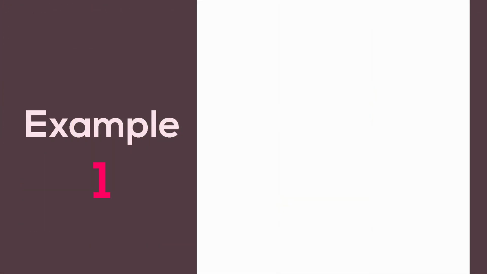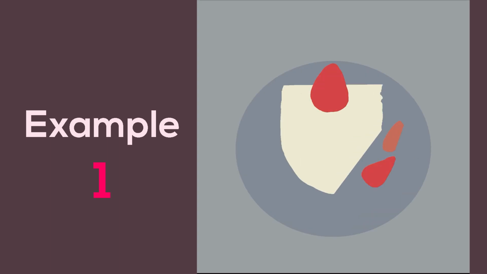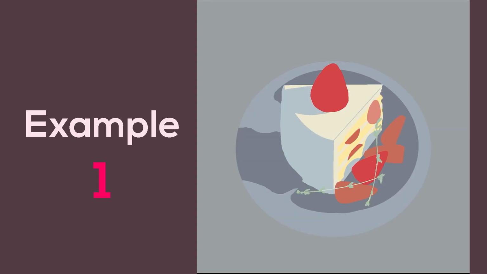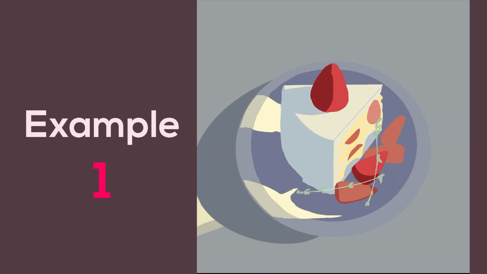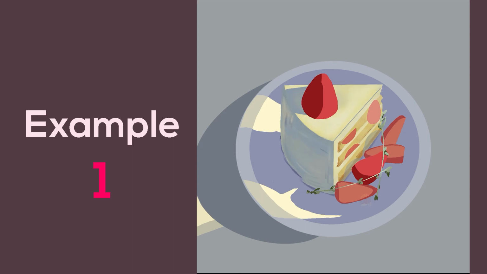Example 1. Strawberry cake. Step 1. Big shapes in different layers. Step 2. Divide all shapes in light and dark. Step 3. Paint shadow and control the edge. Step 4.